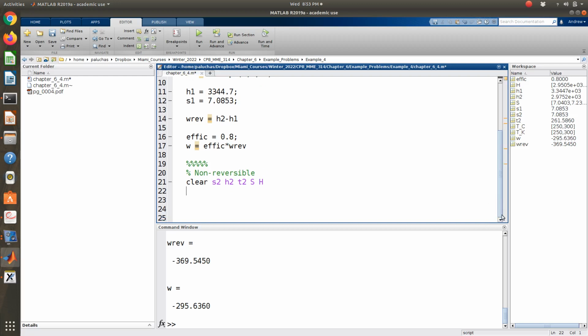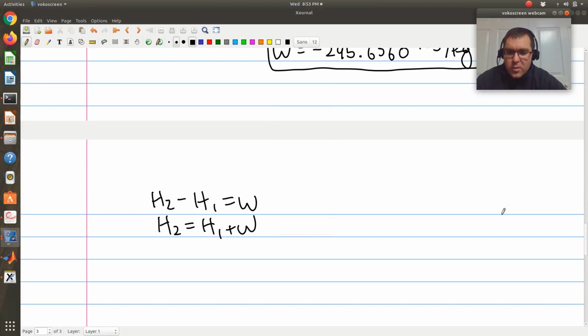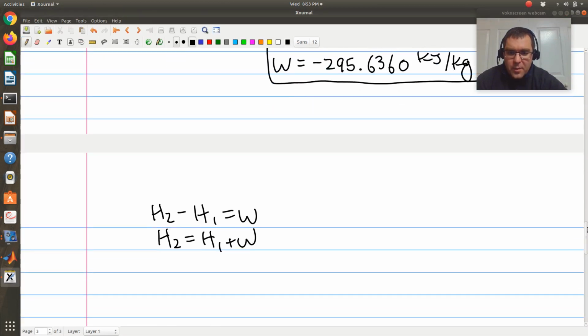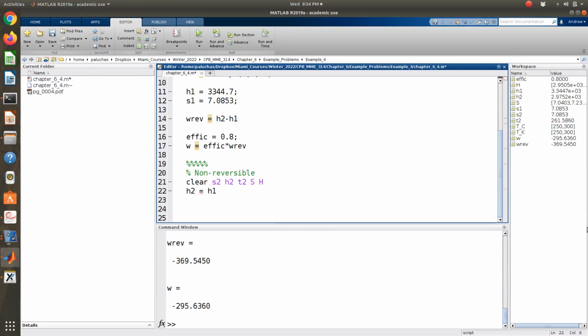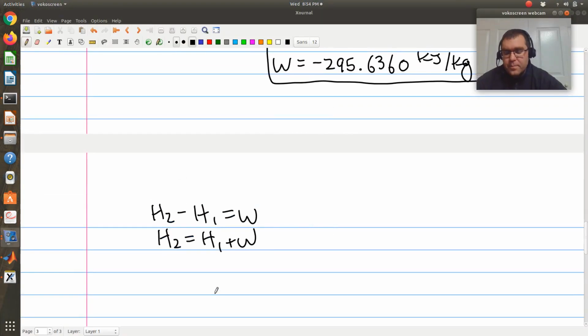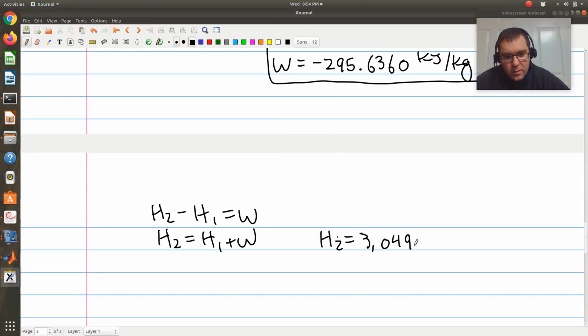Now I'm going to calculate H2, which is going to be equal to H1 plus W. So I get H2 now is 3049.1 kilojoules per kilogram.